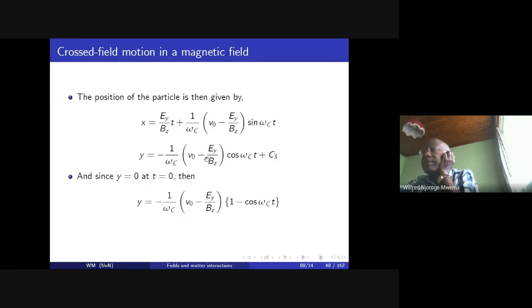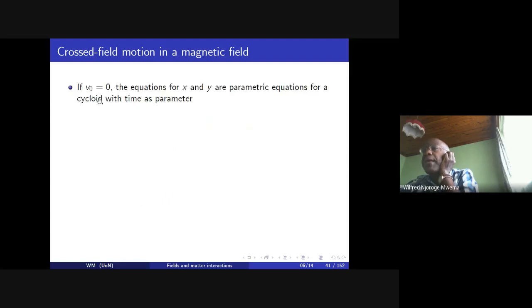When you put y equal to 0, you can get the value of C3, and then you can obtain the values of y appropriately. So if the particle started from rest, the equations for x and y are then the parametric equations for a cycloid with time as a parameter.